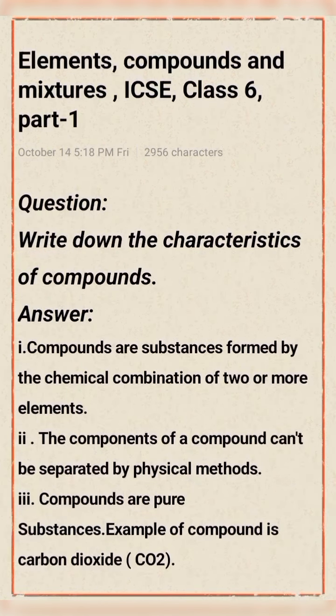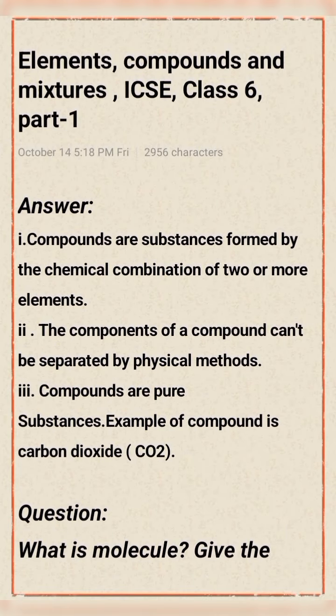Compounds are substances formed by the chemical combination of two or more elements. The components of a compound cannot be separated by physical methods. Compounds are pure substances. An example of a compound is carbon dioxide.